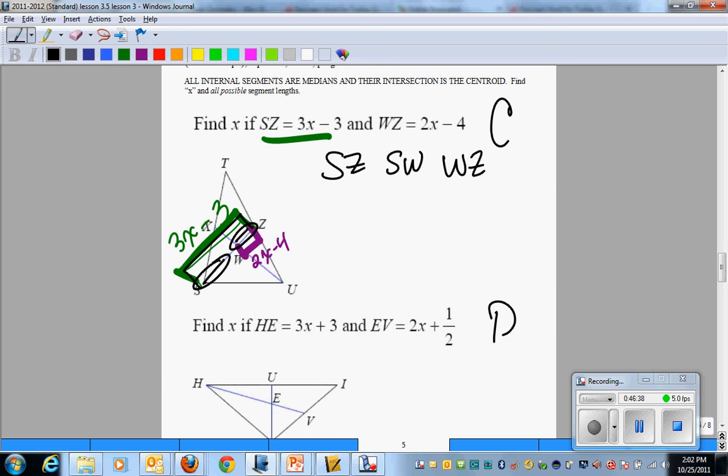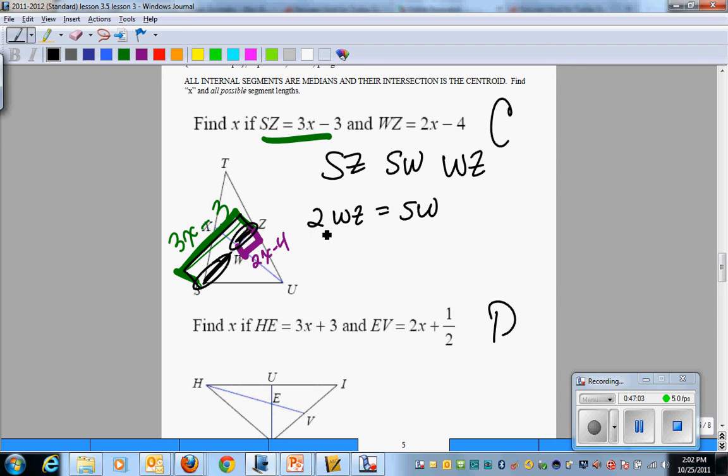2 times WZ is going to equal what? 2 times that equals S to W. Do you see that, Andrew? Why don't you write that down? Problem is we still don't have anything for S to W, do we? But what did we just say?